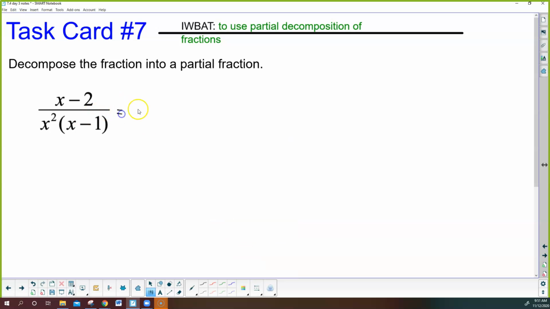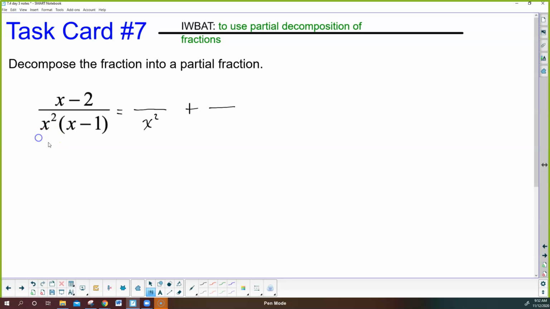Right? So, but here's the tricky spot. What could the potential denominators be that gave me this answer? Well, I could just have the x squared. That could be a possible answer.